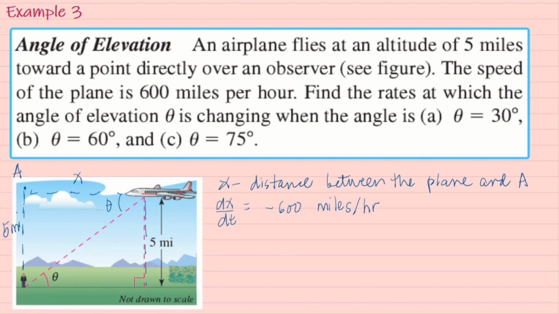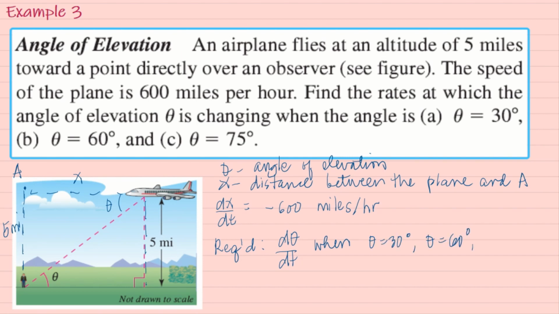Now, we are required to look for the rate at which the angle of elevation is changing. If theta is the angle of elevation, then we represent our required rate as d theta over dt when we have three values for the angle. So when theta is 30, 60, and 75 degrees. Okay, so we proceed.